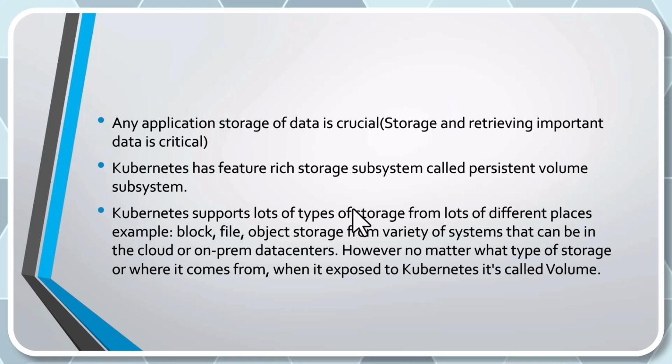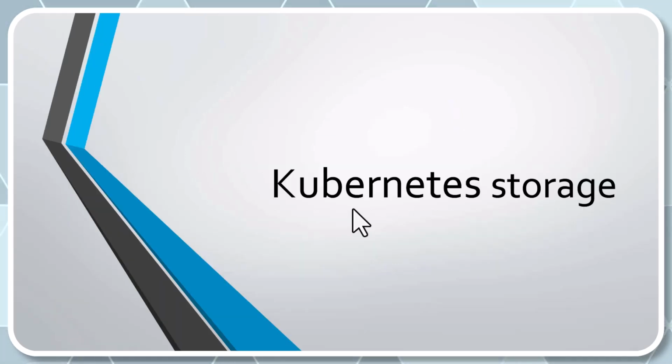When it comes to Kubernetes, it always does persistent data storage. Now the question comes, what is persistent data storage and how does it work? As the name indicates, persistent data is data that is persisted whenever you restart the system or when your system crashes.